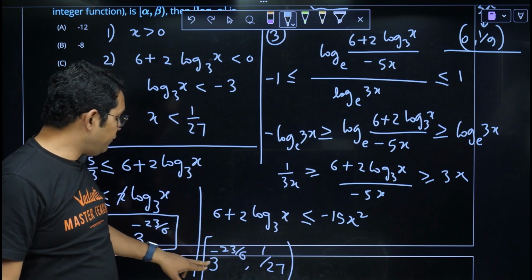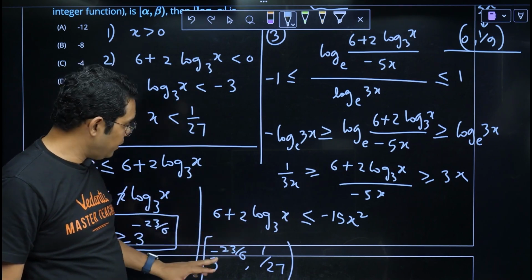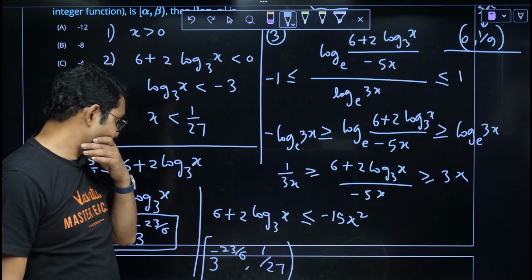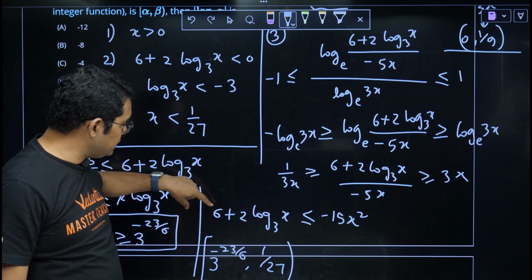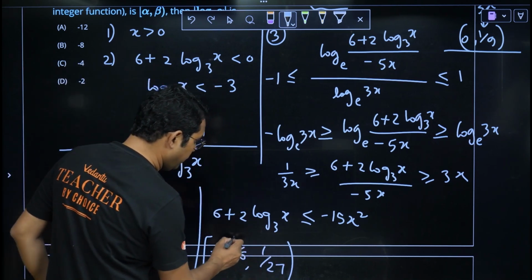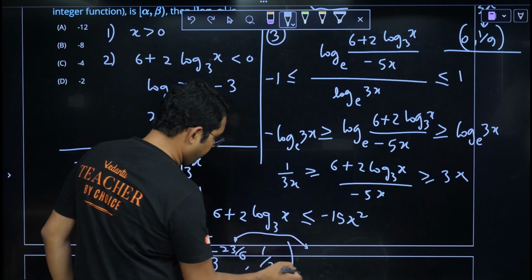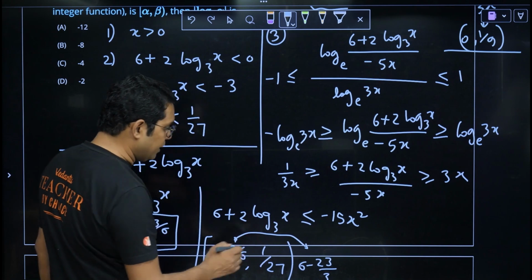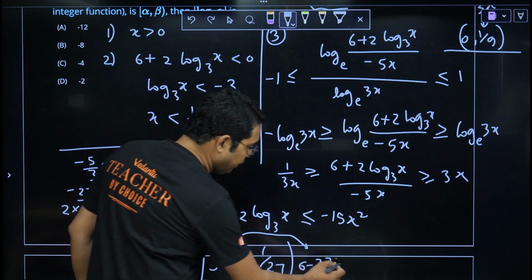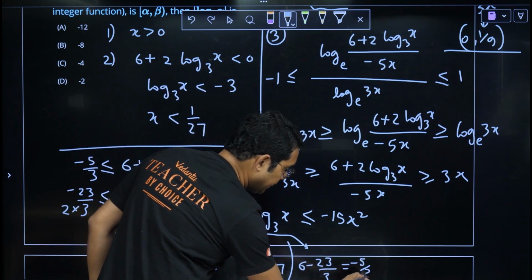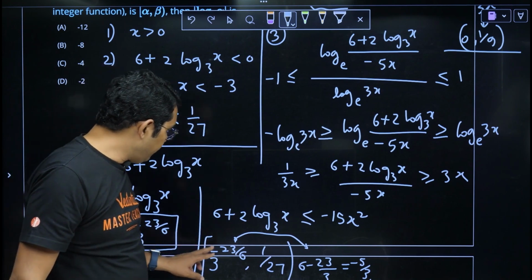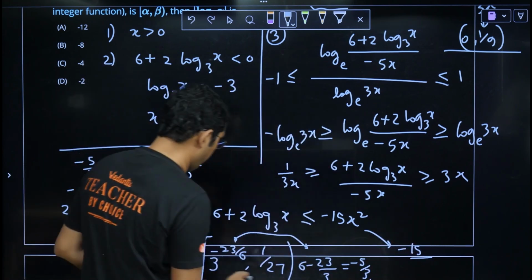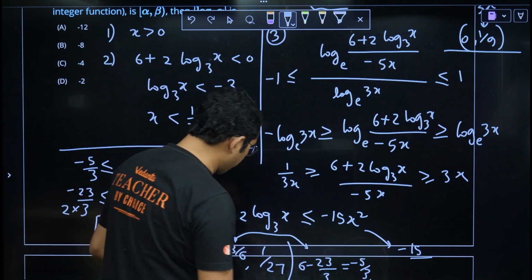Now please see. If I put this value here, minus 23 by 6, you can see it becomes 6 minus 23 by 3, because 2 will get multiplied here. So it will be minus 5 upon 3. If I put this value here, it will be minus 15 upon, because power is negative, I will take it down in the denominator.